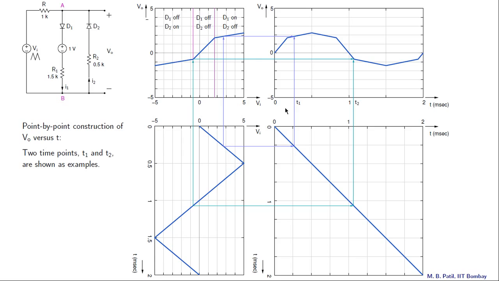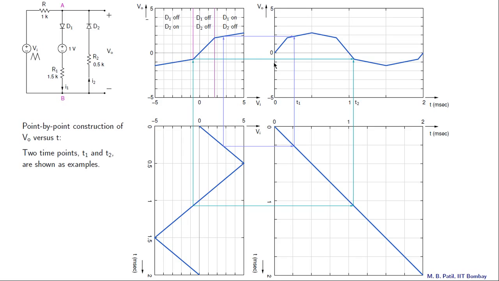Let us show that using an example. Let us consider this particular point on the Vi of t graph, and let the time here be t1, so that is given by whatever this number is, and let the Vi value be given by Vi1, so that means this number. So this point here is t1 Vi1. Now corresponding to this point, we want to find t1 Vo1 in the Vo of t graph.